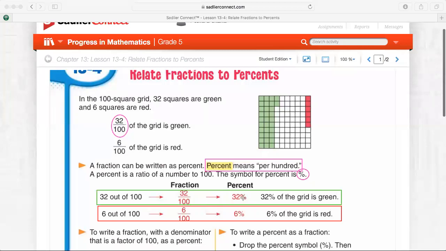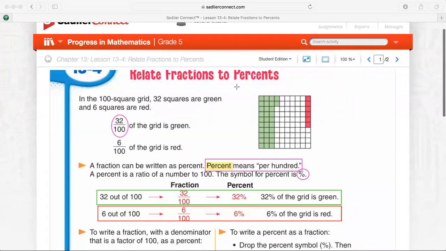If you are required to write the percent, you will just take the numerator and add the percent symbol, only if the denominator is 100. If the denominator is not 100, we have another way.